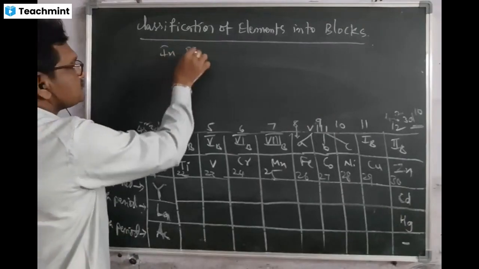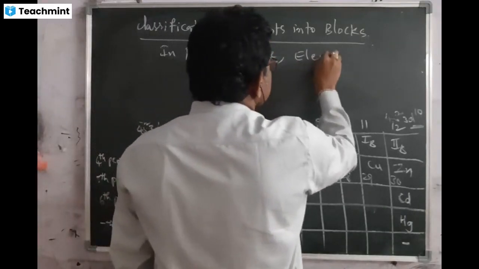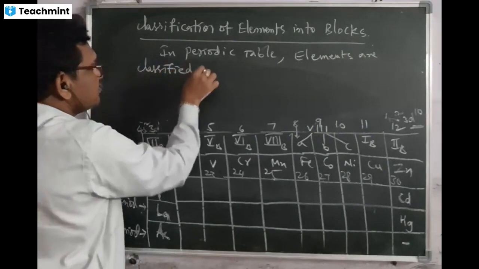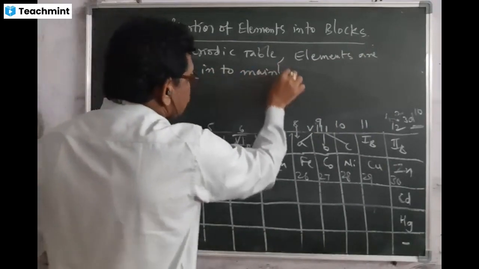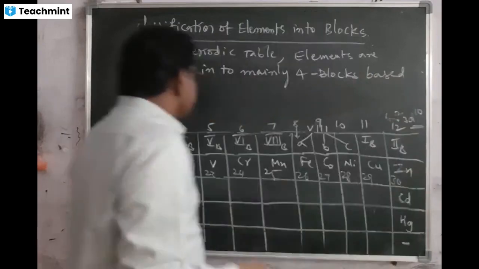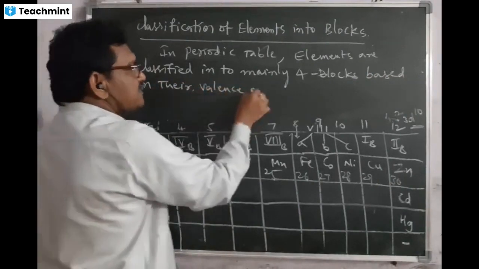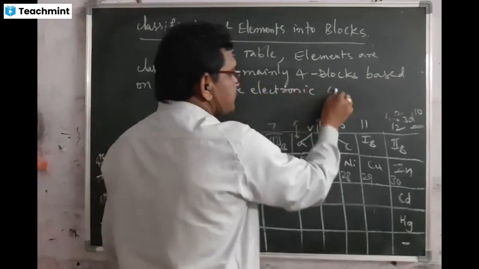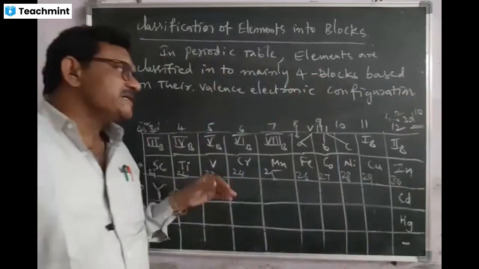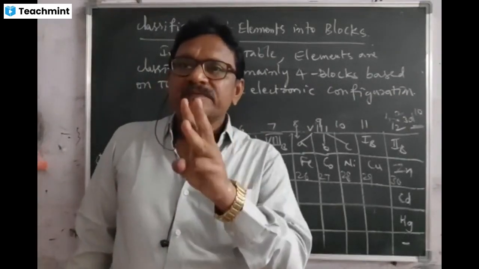In the periodic table, elements are classified mainly into four blocks based on their valence electronic configuration. So, based on electronic configuration, the elements in the table are divided into four main blocks. What are those four main blocks? S block, P block, D block, F block.